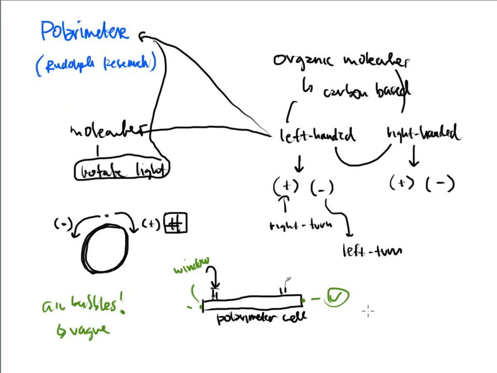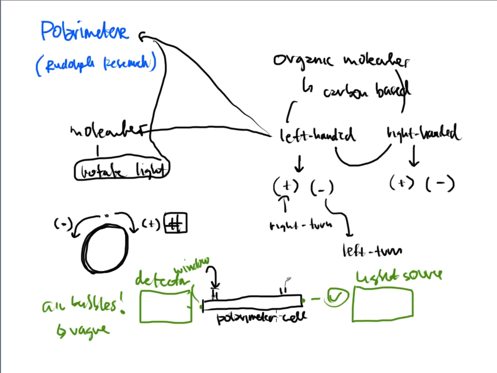All right? So on one side of this instrument, I will have a light source. And on the other side of this instrument, I will have a detector. What happens is that I would put the polarimeter cell in here with maybe just the solvent in it. Okay, some type of liquid that has no molecule that will turn or anything, just to blank it out.